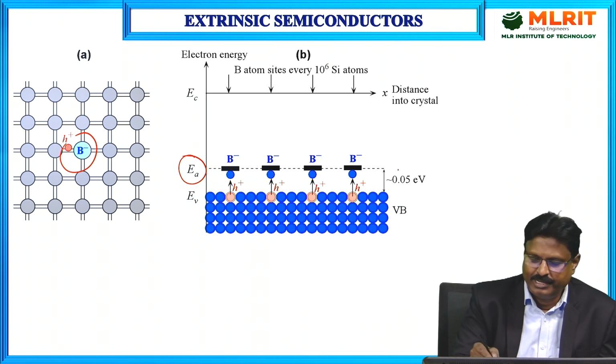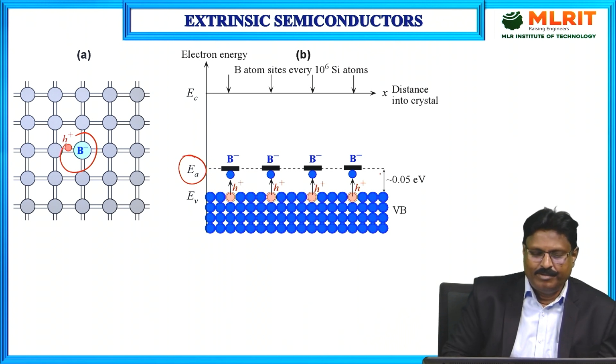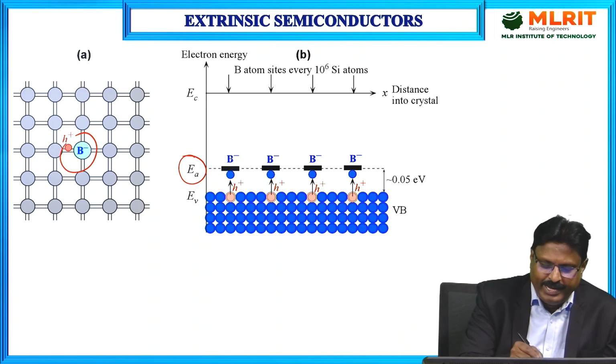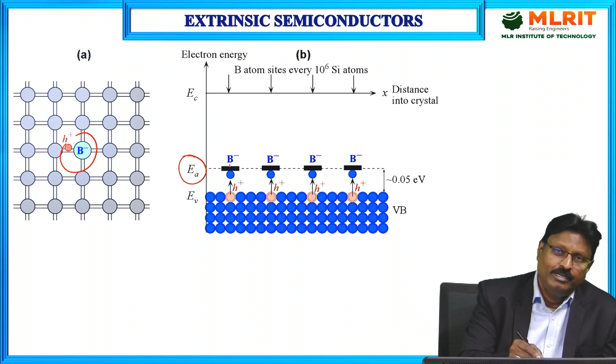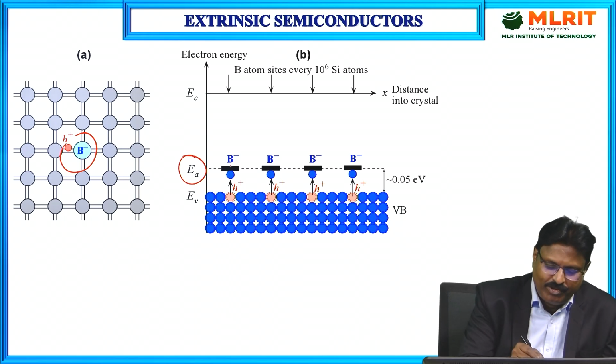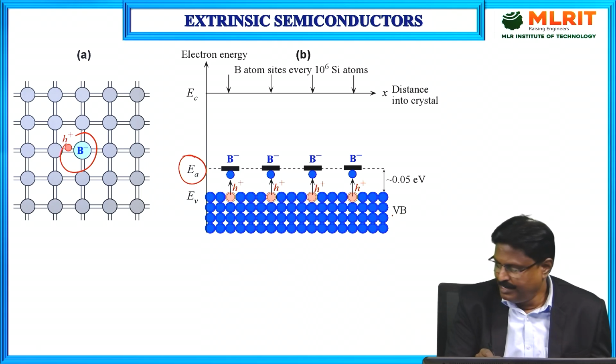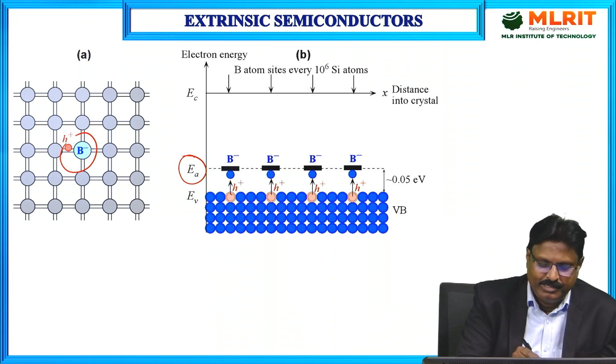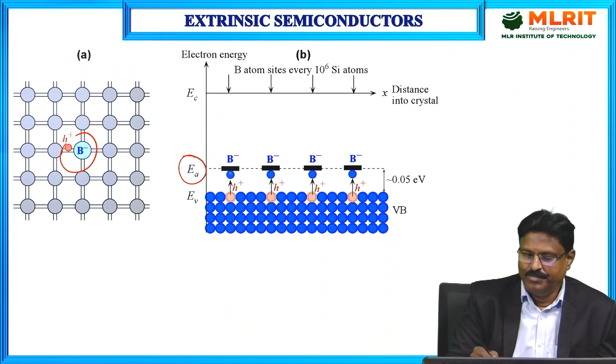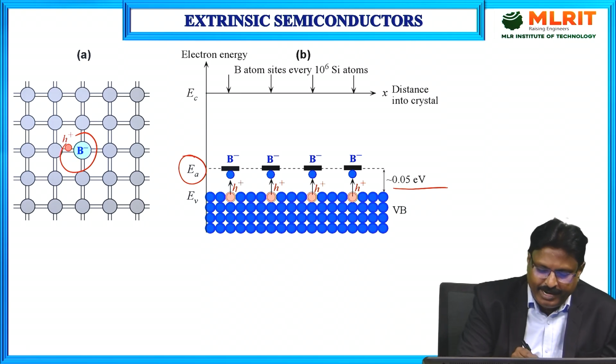As you can see here, an energy level is created, by which a vacant space is created here. Why? Because whenever you are doping boron, it creates a hole. So whenever a hole is there, the electrons in the valence band will be jumping into that particular vacancy. Why? Because very little energy is needed here, thereby creating a hole in the valence band.